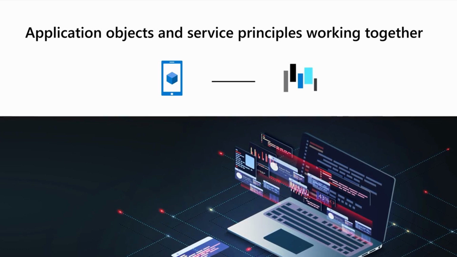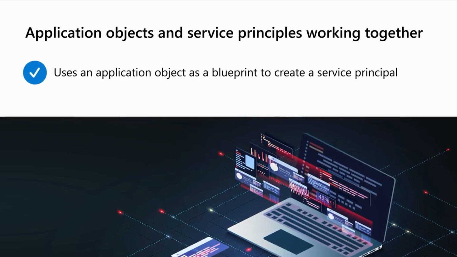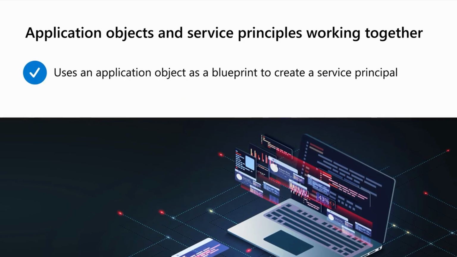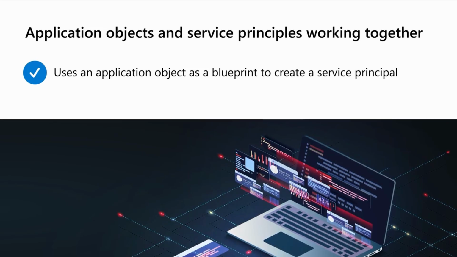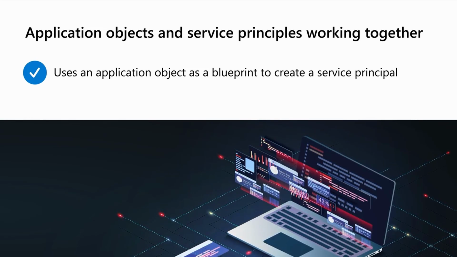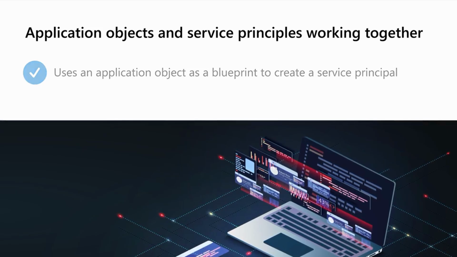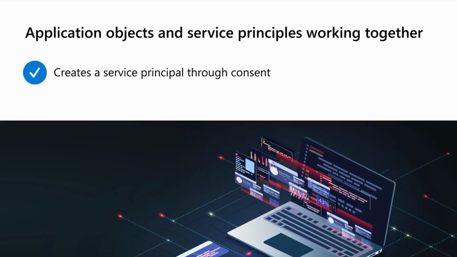At deployment time, Azure AD uses a specific application object as a blueprint to create a service principal, which represents a concrete instance of an application within a directory or tenant. It's the service principal that defines what the application can do in a specific target directory, who can use it, what resources it has access to, and so on. Azure AD creates a service principal from an application object through consent.